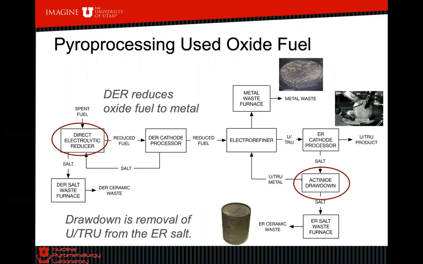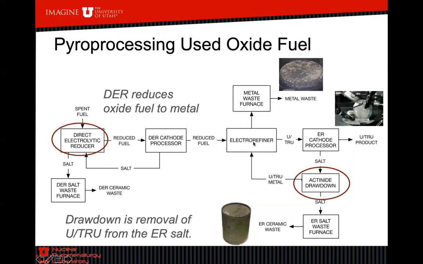Then we take that reduced metal to a cathode processor where you would basically distill the salt off of it. Because when you pull the reduced uranium out of the salt, it's got a lot of salt on it. Salt just sticks to it, like it freezes and crusts on it. So you've got to evaporate all that salt off. Now you've got a piece of metal.